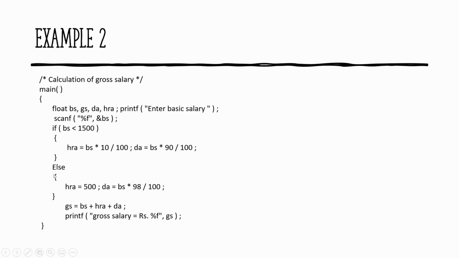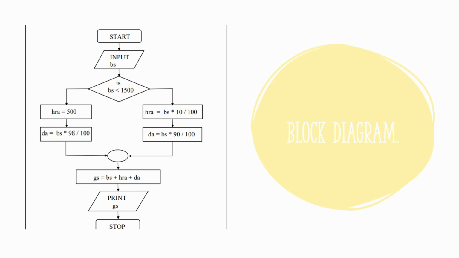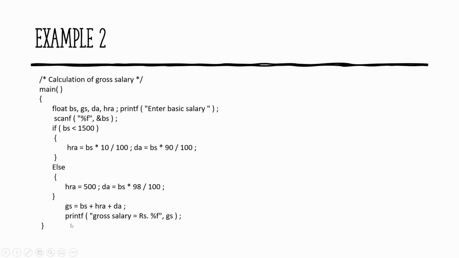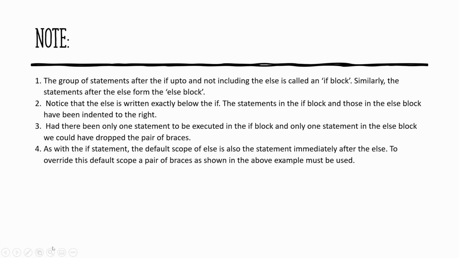So this is different and this is different. This else is not included in the if. This is a different block, right? Note that the else is written exactly below the if. The statements in the if block and also in the else block are indented, which means they are given a blank space, right? This is just to make you understand easily, right?